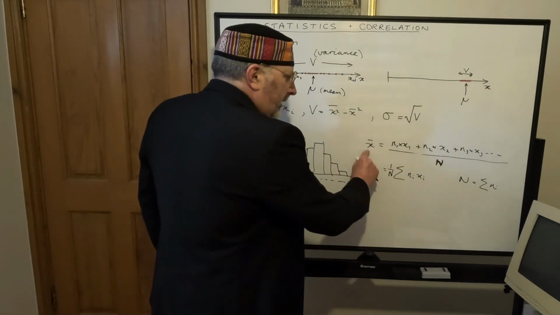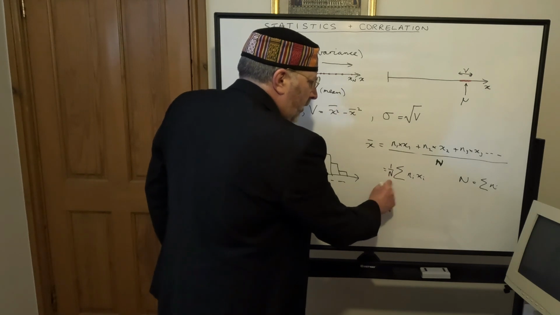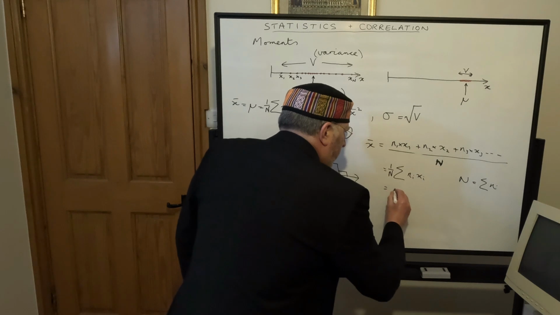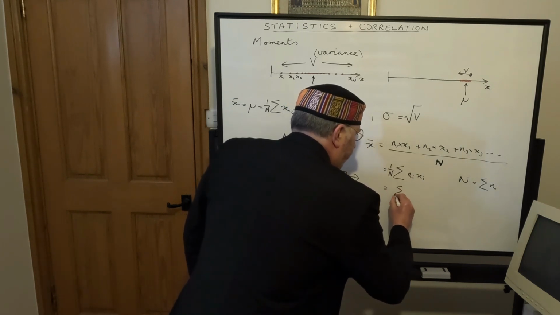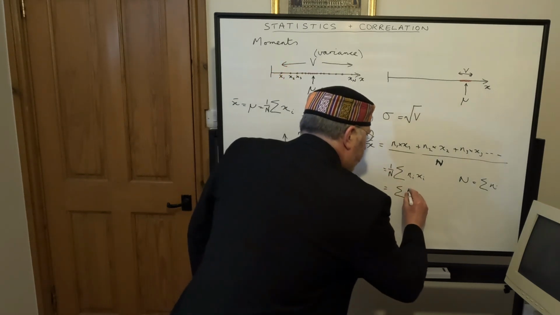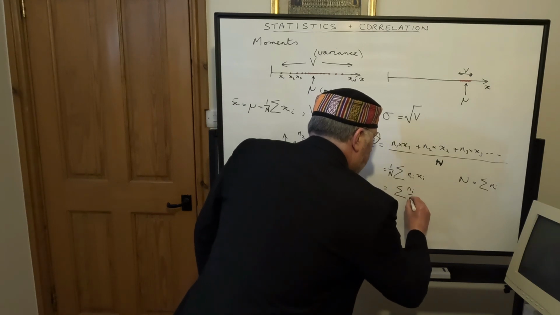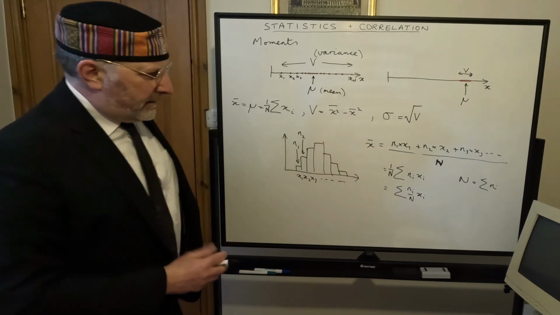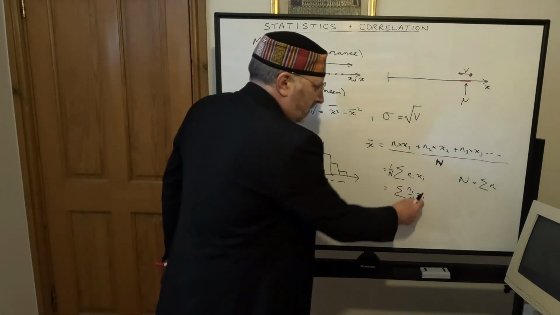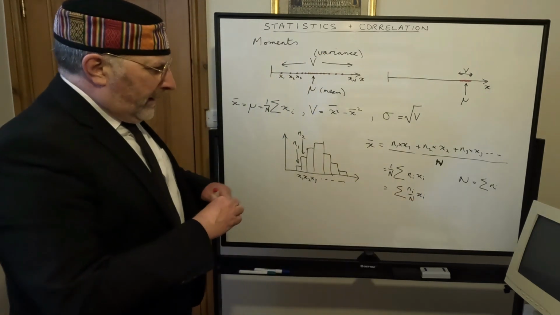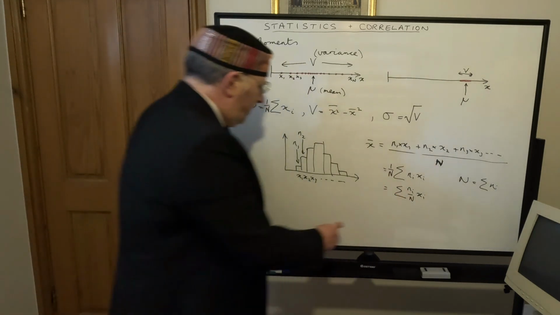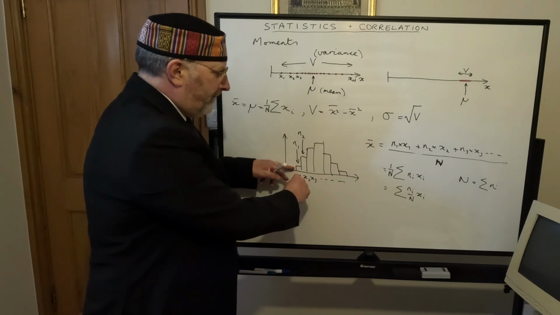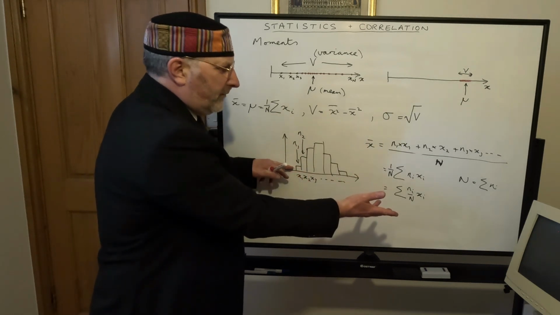But anyway, the x bar is going to be 1 over n sum of ni xi. And we can take the n inside here to write it like that, ni over n times xi. Now ni is the number of data that had this value x1, and n is the total amount of data.